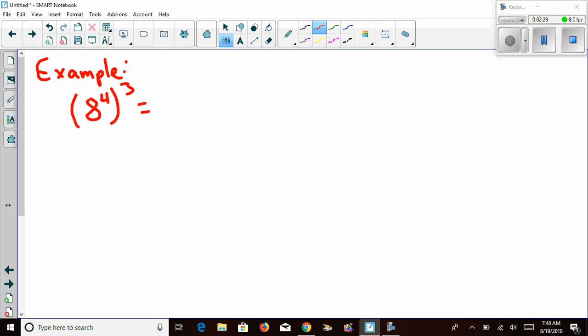Well, since this is a power of a power, our definition tells me to take the exponents and multiply them. So instead of 8 to the fourth cubed, I could simply say 8 to the 12th.